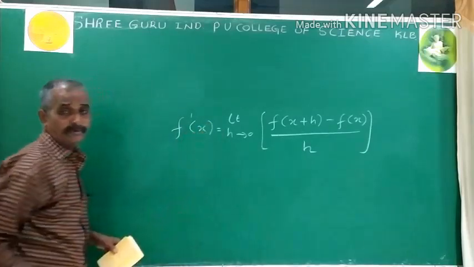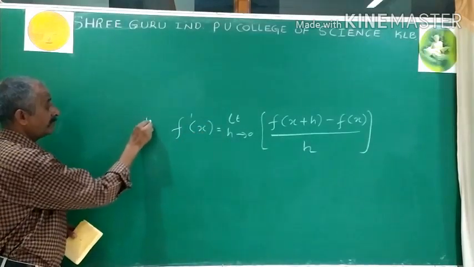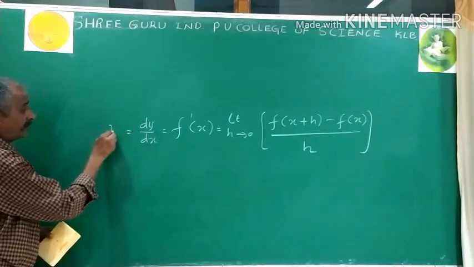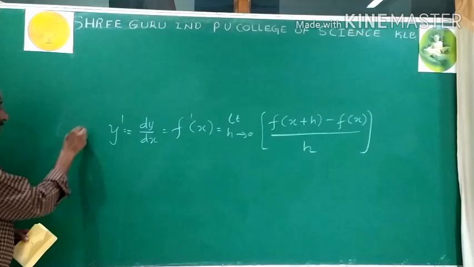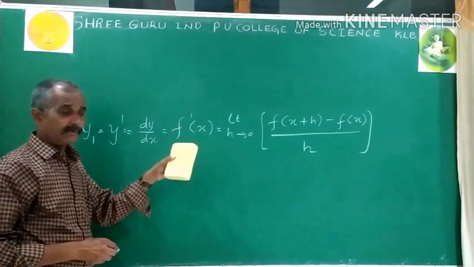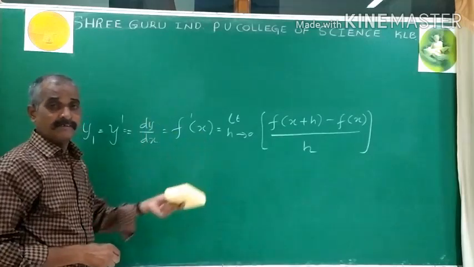It is also denoted by the notation dy by dx, also y dash, also y1. All these are the same in meaning, only different in writing.